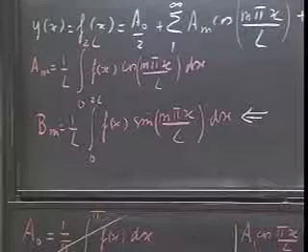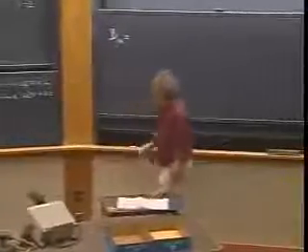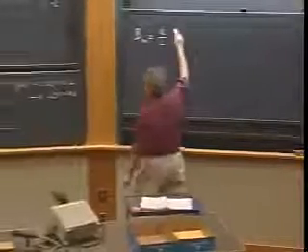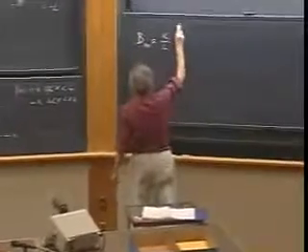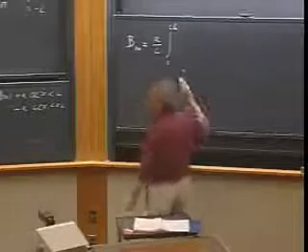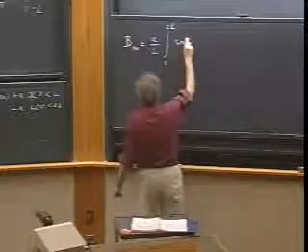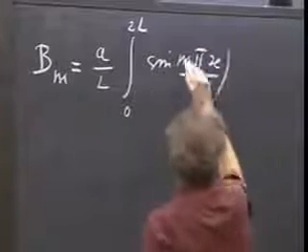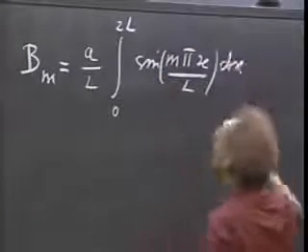Now the function is defined between 0 and L is plus A. So I can bring the A outside and put it here. And then I get the integral from 0 to 2L of the sine of M pi x divided by L dx.